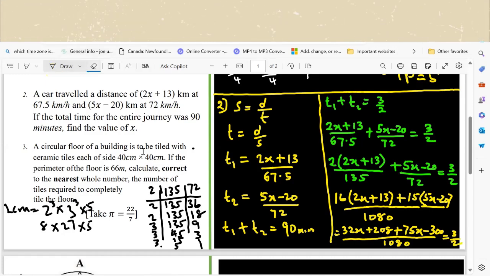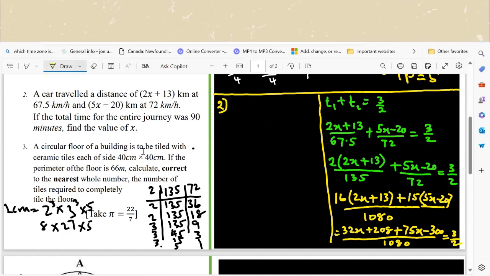Okay, so let's rub off what we have here. If we add 32x and 75x, that is going to give us 107x minus 92, that is 208 minus 300, that's minus 92, over 1080 equals 3 over 2.